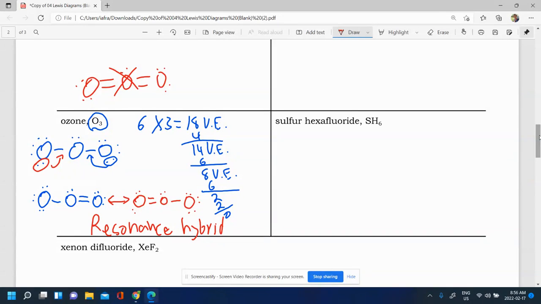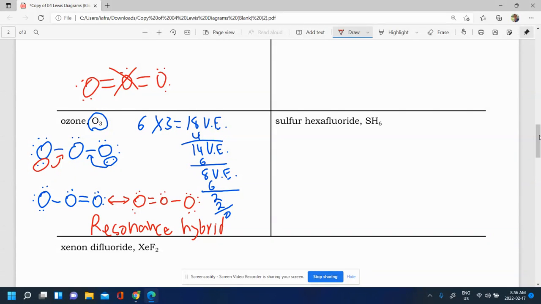So when you are drawing, if you do see that there's a possibility of having resonance structures that are really equivalent in this way, same bonding order, just double bonds in a different way, almost as if you rotated the molecule and it would become the other one, then you have resonance structures, and as a result, the actual structure is a hybrid somewhere in between the contributing structures.